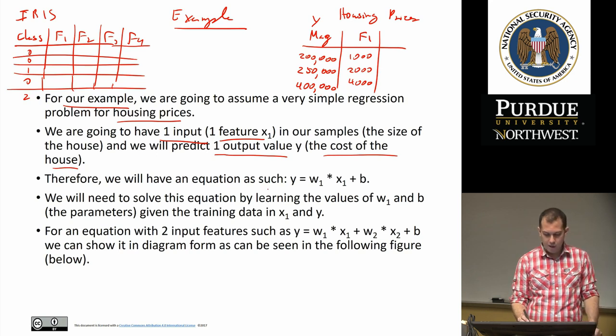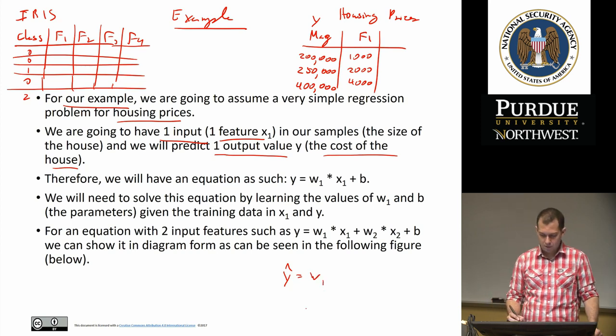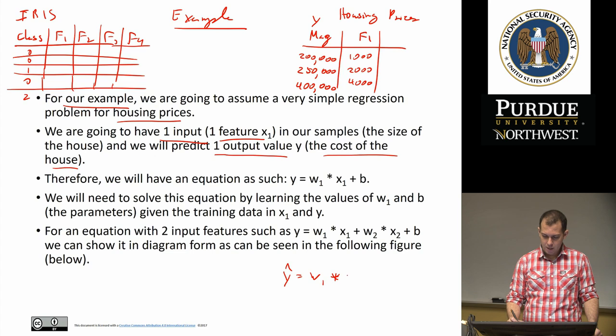Therefore, we will have an equation that looks like this, right? Our equation at the end of the day is y, the value that we're predicting, given some weight that we have to learn in the model times the x value, x1, which is the square footage, plus bias, which is part of the model that we have to have in linear regression.